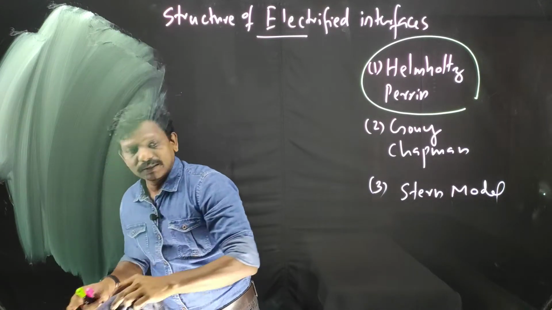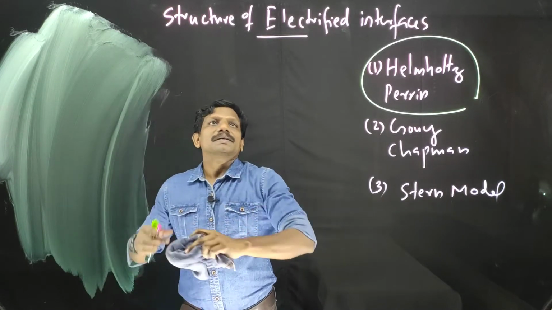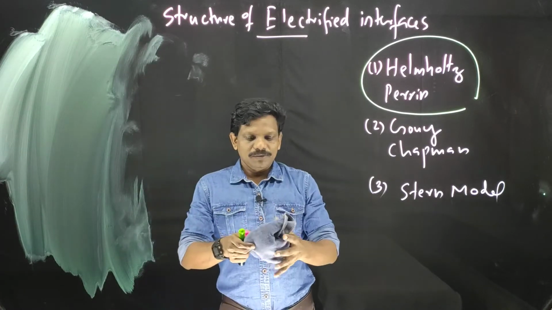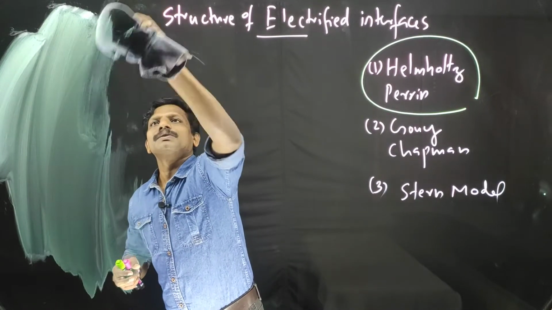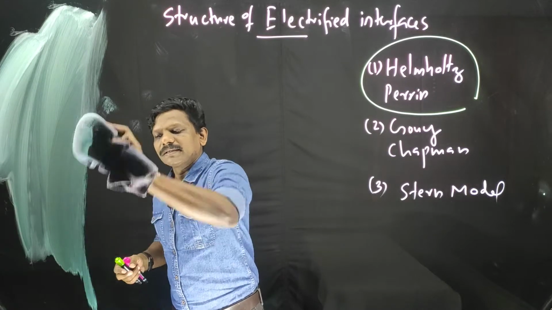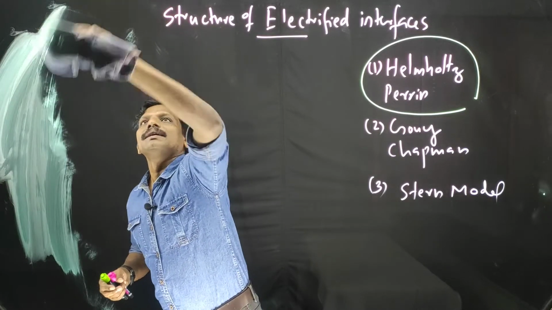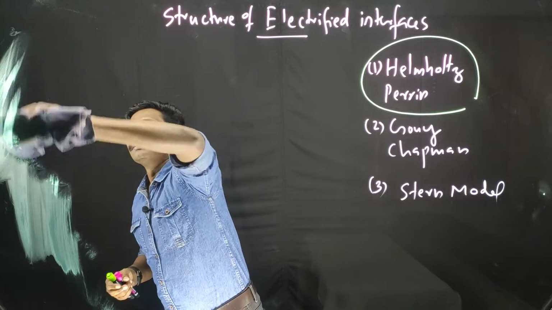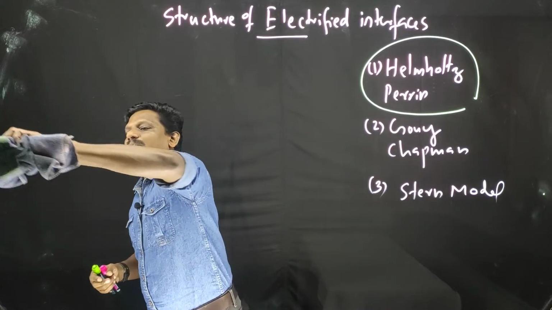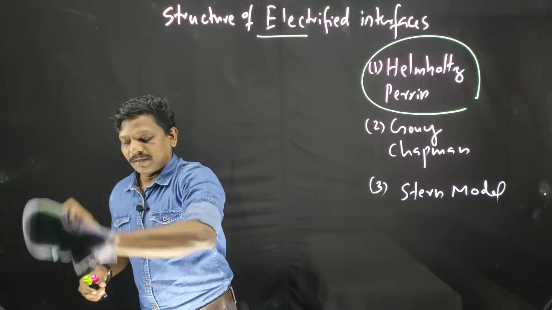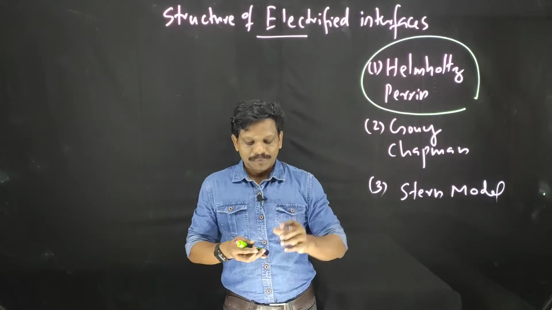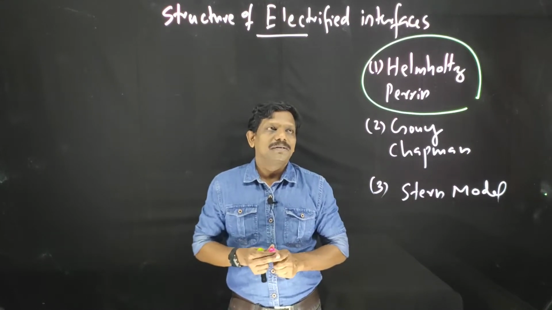All the models explain the structure of electrified interfaces, but each model has its own limitations, and I told you that finally the Stern model is somewhat acceptable, and that can be a very good model for explaining electrified interfaces. So let me first discuss the Helmholtz-Perrin model.